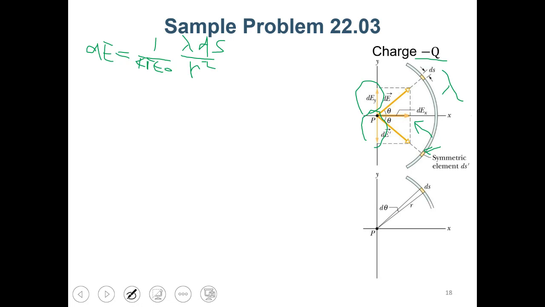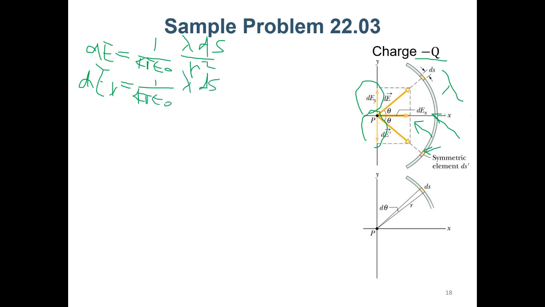And we are concerned with the horizontal part. So dEx is dE times cosine theta. So like this: lambda ds over r squared times cosine theta.